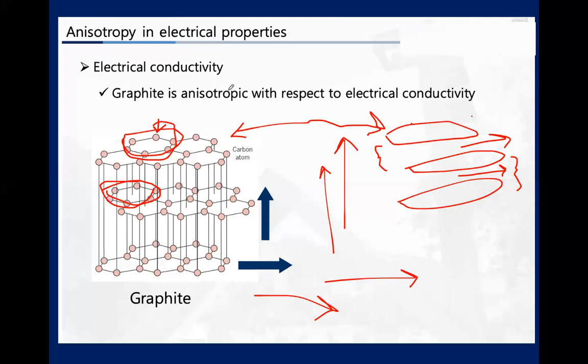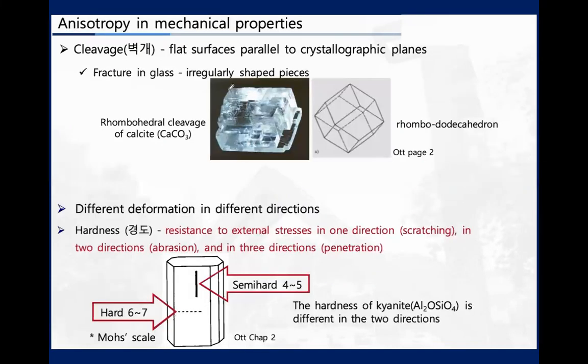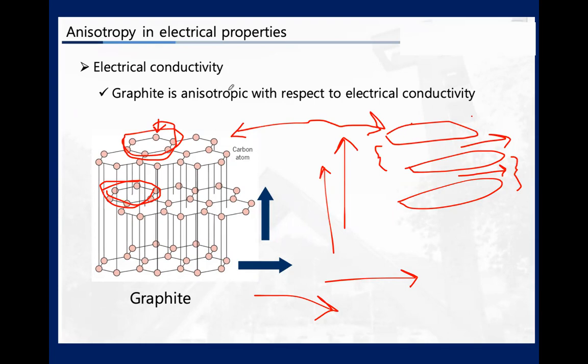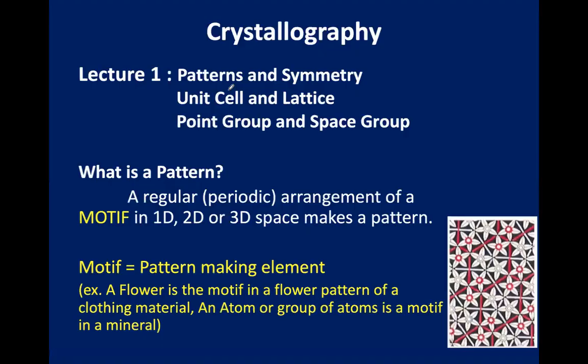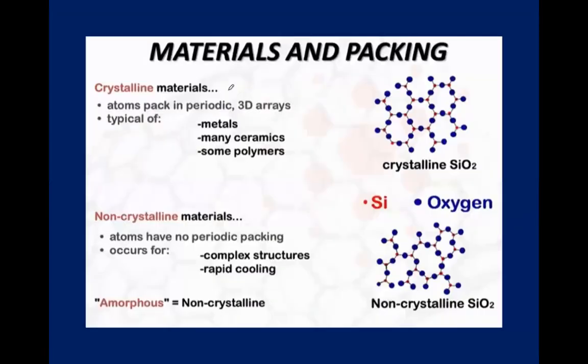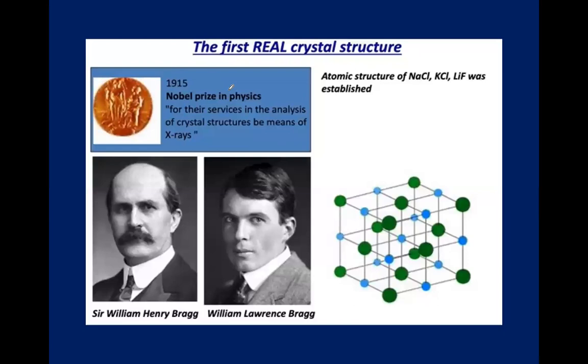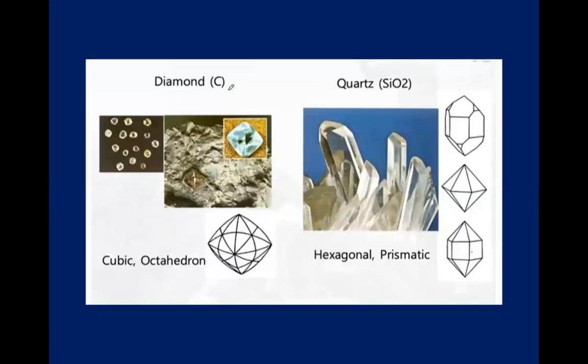Okay, coming back, we have these crystal structures, right? Graphite is one of the crystal structures that shows anisotropic behavior in terms of conductivity. We discussed some other minerals yesterday, for example diamond and quartz.